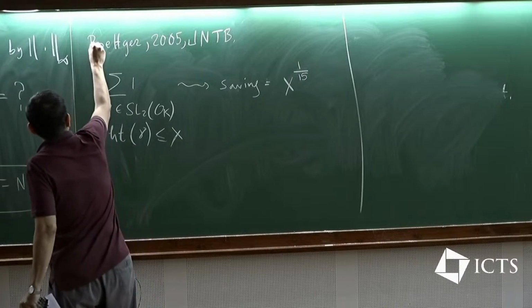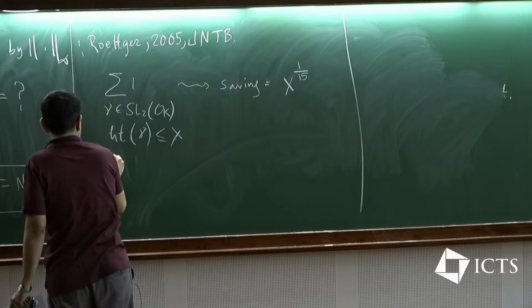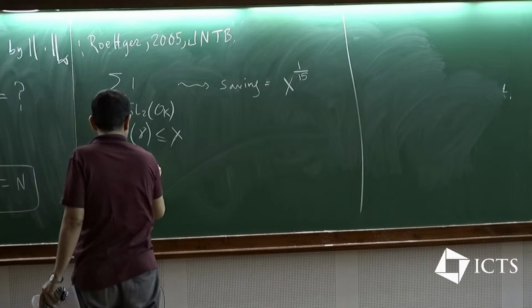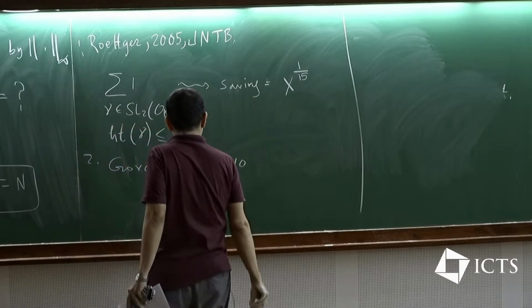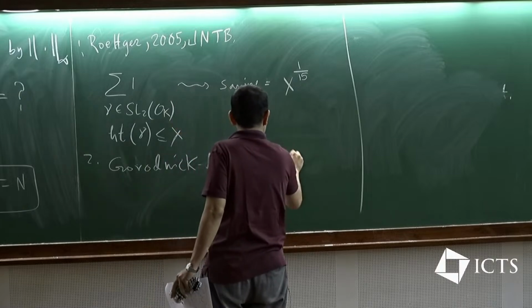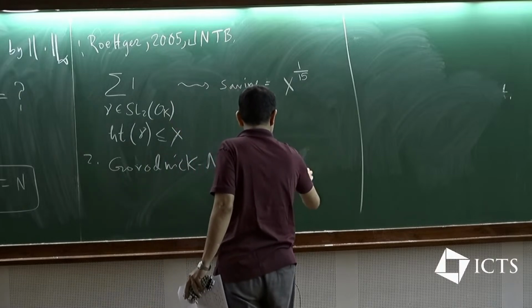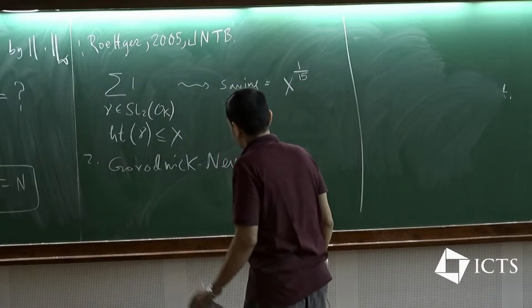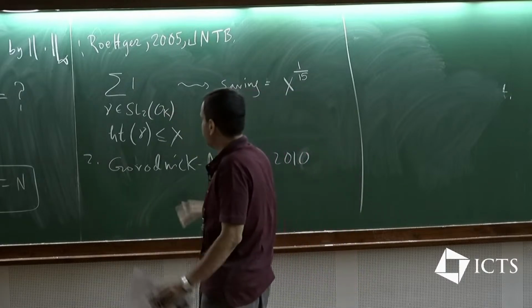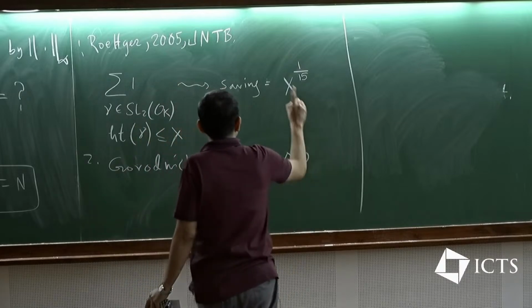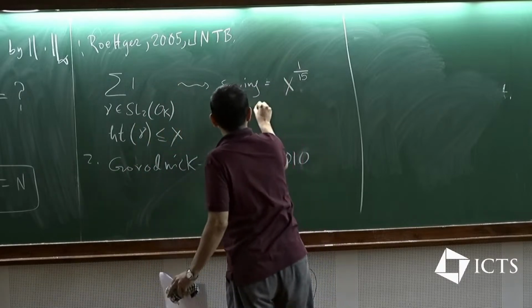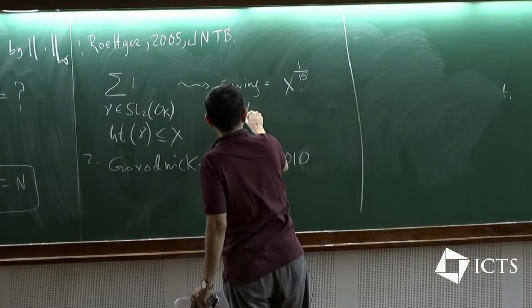This is one result, and another result comes from Gorodnik and Nevo, around 2010. They have this book, Annals of Mathematical Studies, Ergodic Theory of Lattice Subgroups. They can handle any norm. And when you specialize to our situation, K equal to Q.